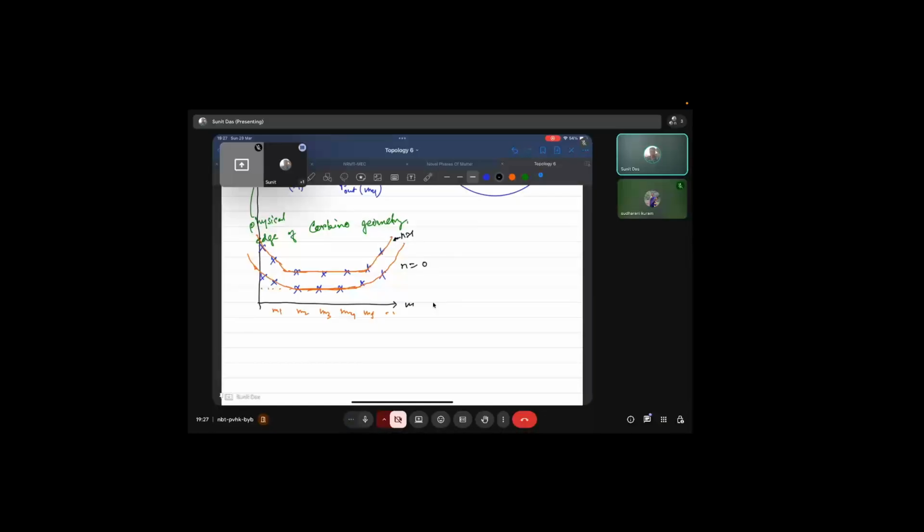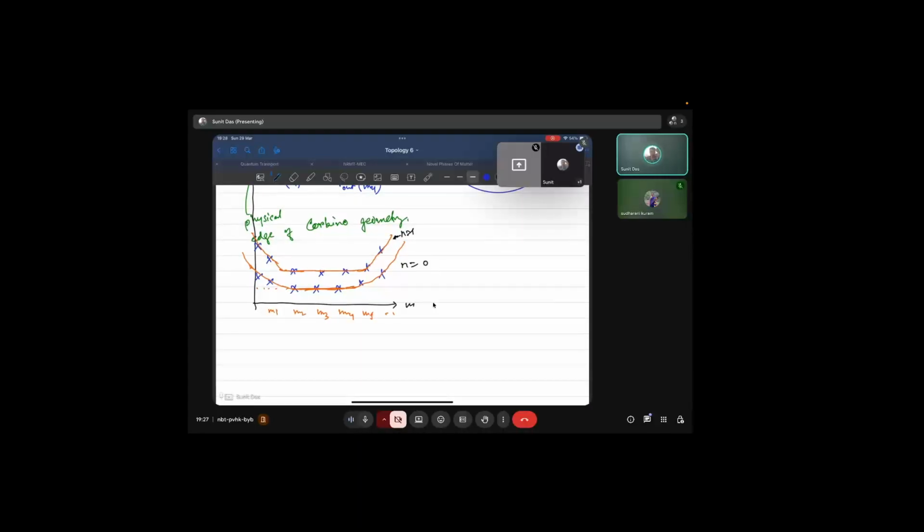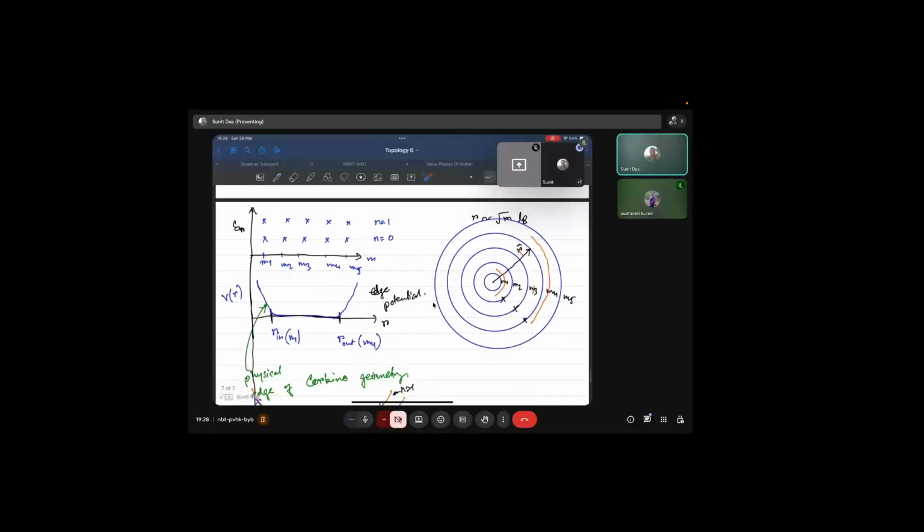What happened is that because there is a finite edge in the sample, or in the Corbino geometry, the electronic states with M2, M3, and M4, which are well within the bulk, meaning they are within this boundary, so this is M2, this is M3, and this is M4, and then there is a boundary, and this one is M5.